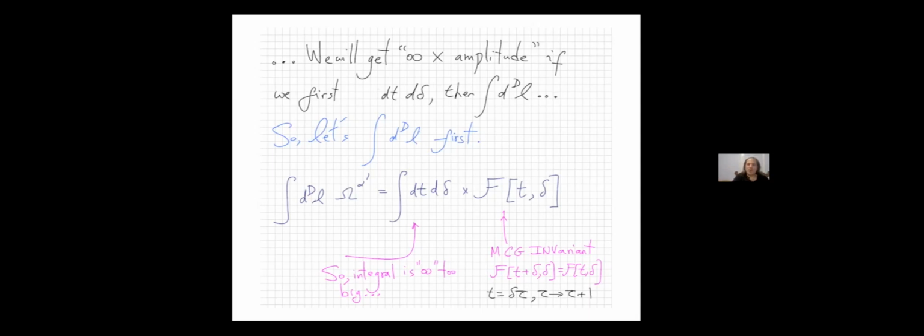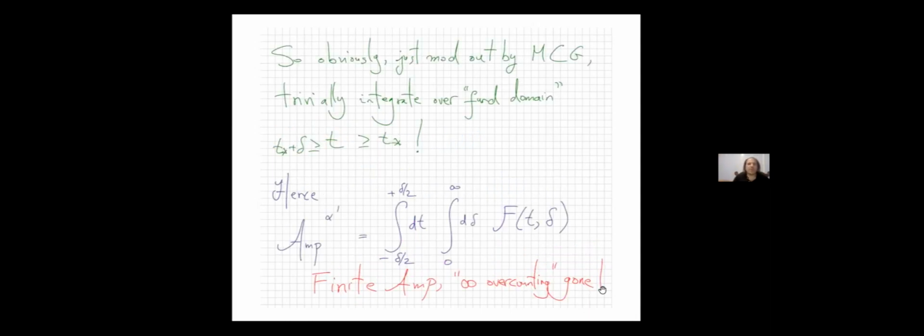I just want to do this tau integral over a region of size 1. And then if I do that, I've solved my infinite overcounting problem. Okay? So that's it. So I will choose to do this integral over t between, let's say, minus delta half to delta half, and the rest of the integral from 0 to infinity of this function f of t and delta. And this is now manifestly, even at finite alpha prime, a finite amplitude; the infinite overcounting problem is gone.